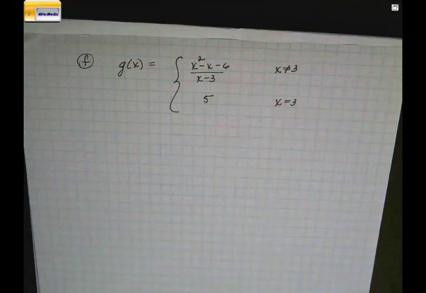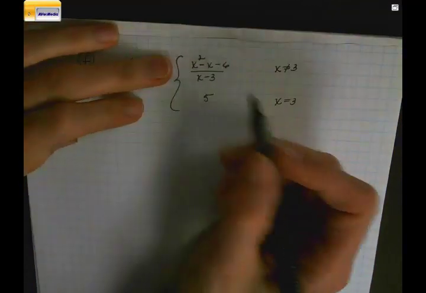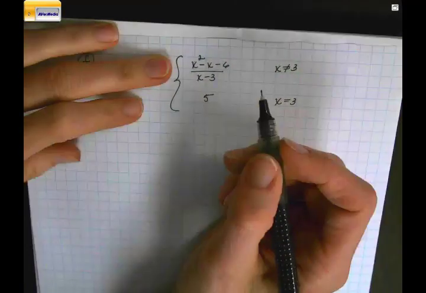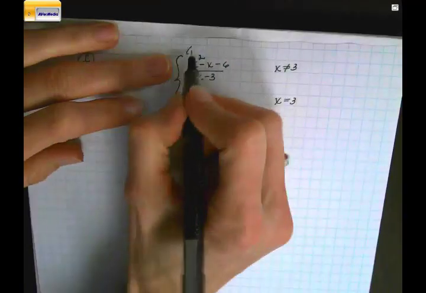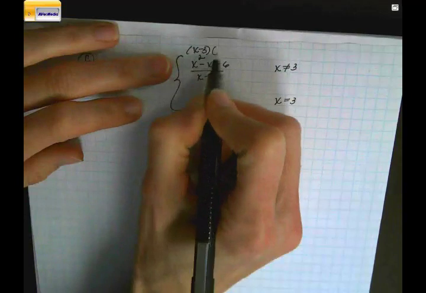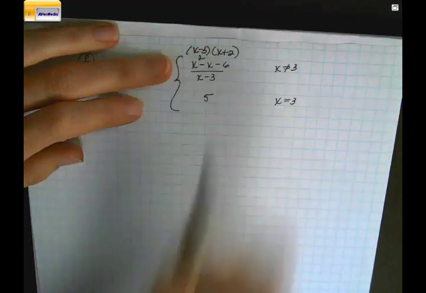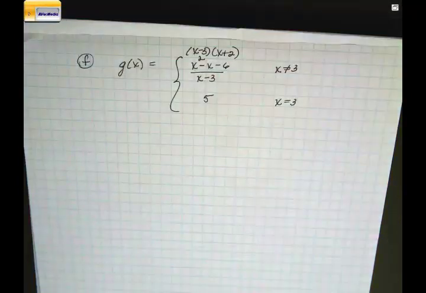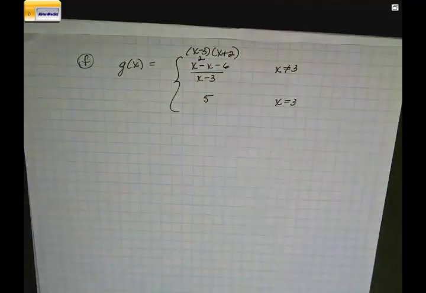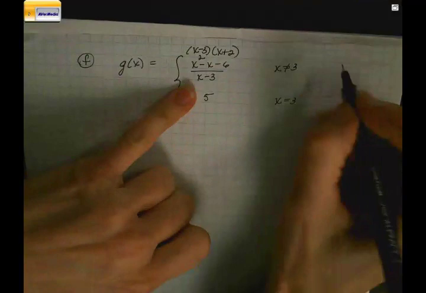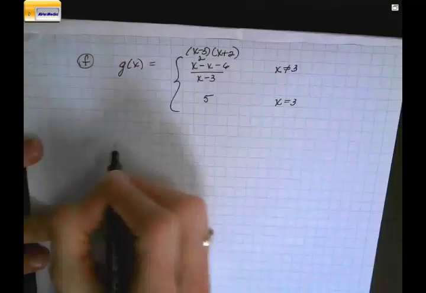This is bound to be a hole in the graph, right? So let's think. This is x minus 3 and x plus 2, right? So we could cancel the x minus 3's, which means there's a hole. So really, this function value, maybe I should write it down here.